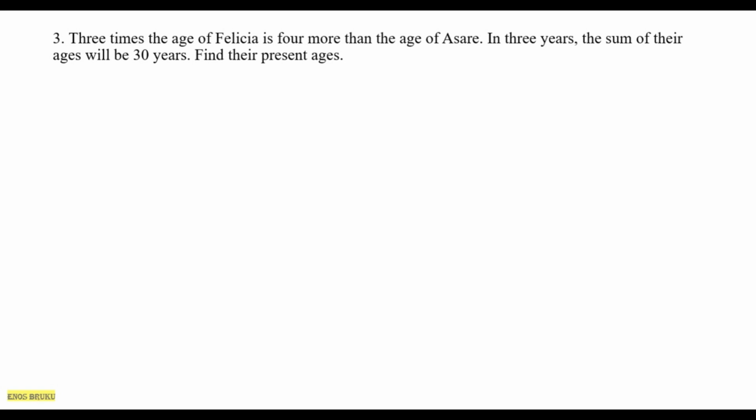So if we represent Felicia's age with a certain variable and Asare's age with another variable, and we add 3 to those two variables, it should be giving us 30. That is what the second part is saying.